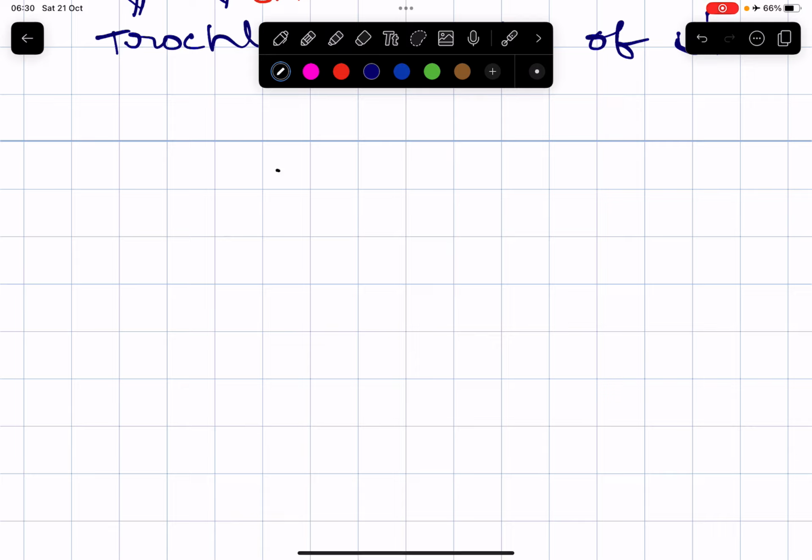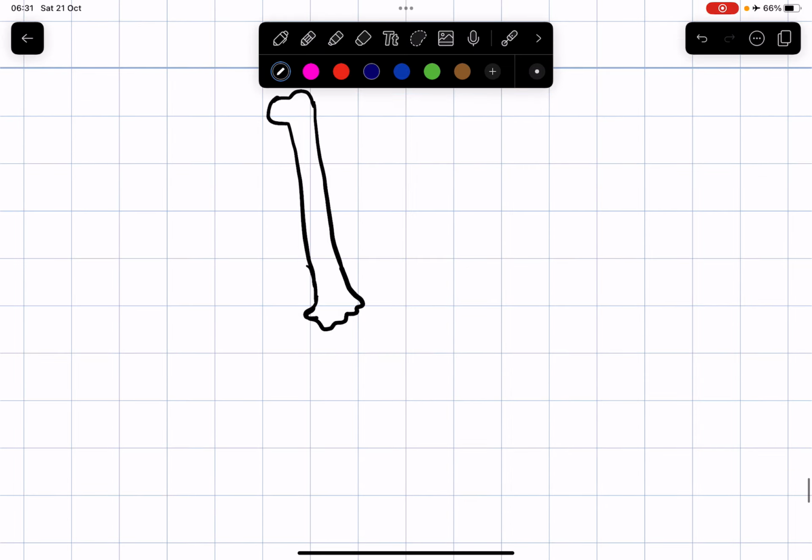Okay, so we have the humerus here, the lower end of the humerus, medial epicondyle, the trochlea, the capitulum, the lateral epicondyle, right? And here is the ulna.